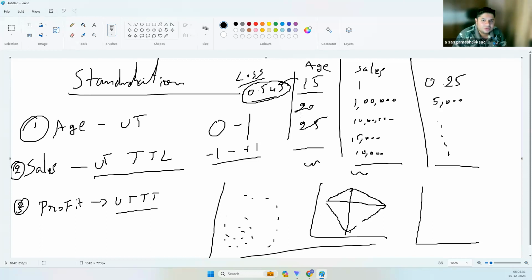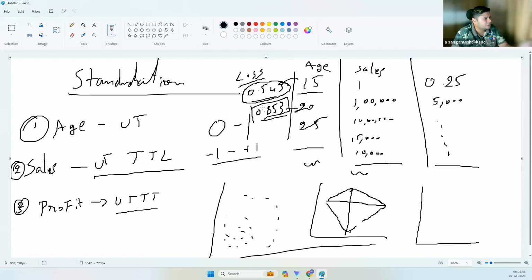And if I'm going to call this 20 as something like 0.853, will you be able to make some understanding? No, right? You won't be able to understand anything, right? The essence of the meaning.